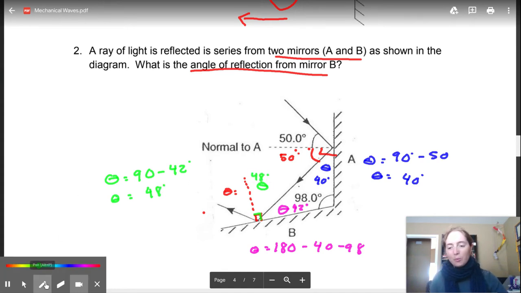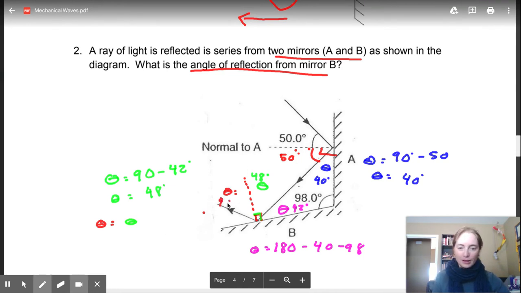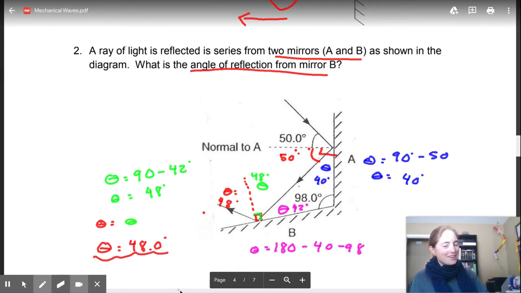Okay, well, red theta is equal to green theta. So, therefore, this angle here, our goal, is 48 degrees. We need to put this into sig digs. We had 3 sig digs here, so I'm going to need to add a decimal place. So, 48.0 degrees is the value of red theta.